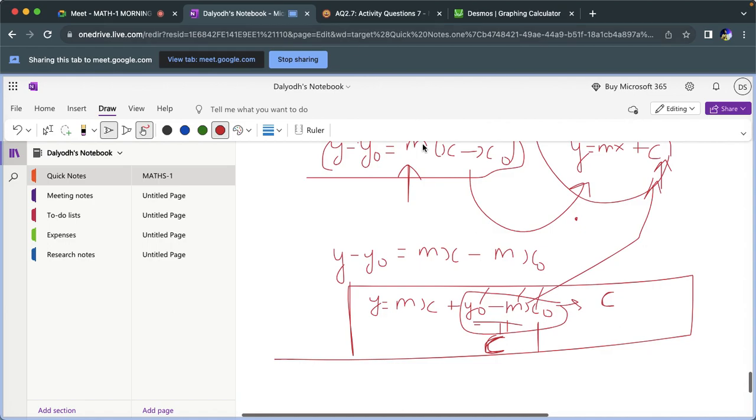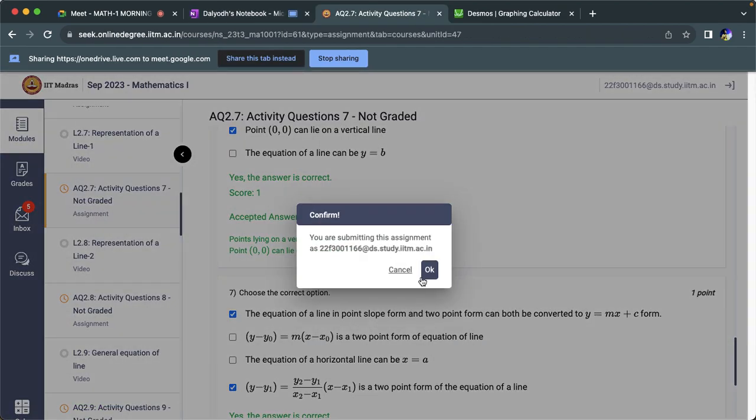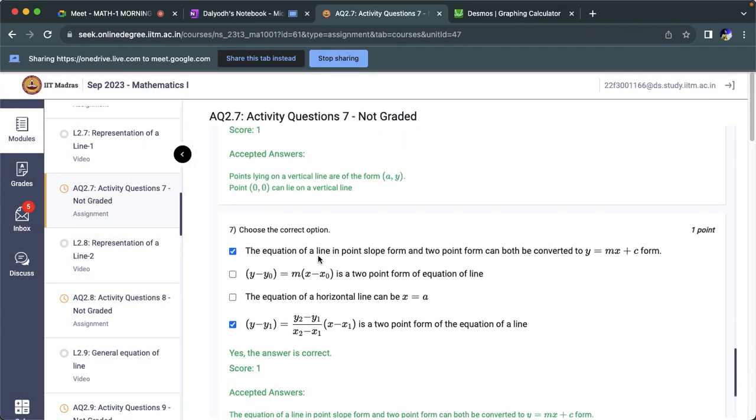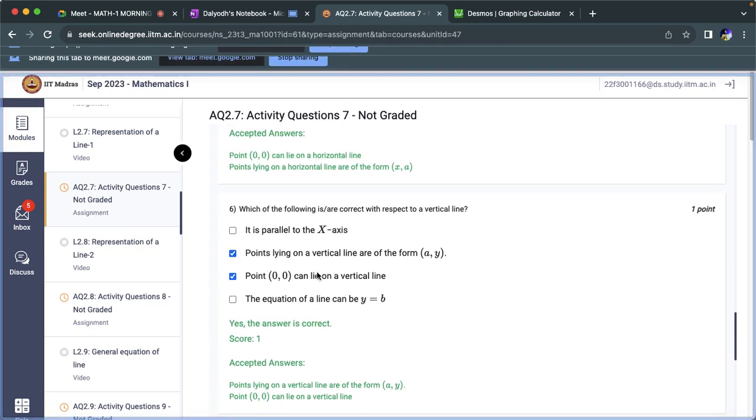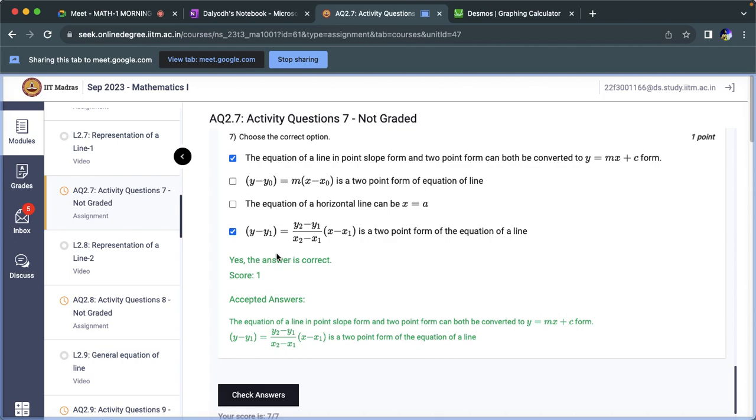You can't get only y at the end, because y is varying, while y naught is the given point from which we make a line. So you can represent it like this. The first option is also correct. So I think all options are correct. Till now it's fine for all of you, right?